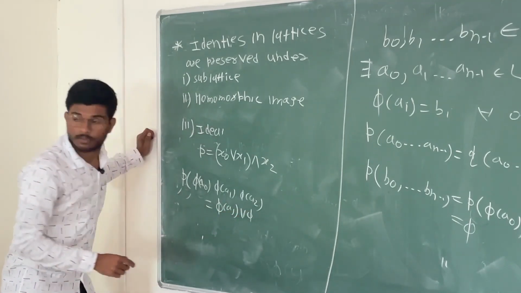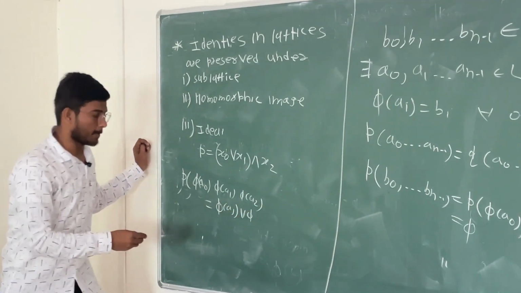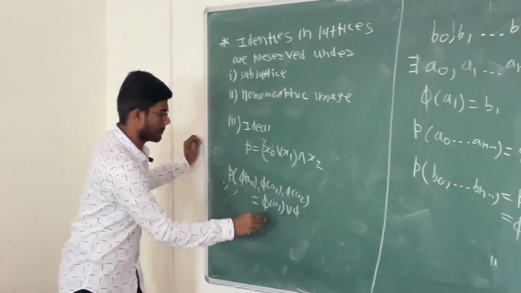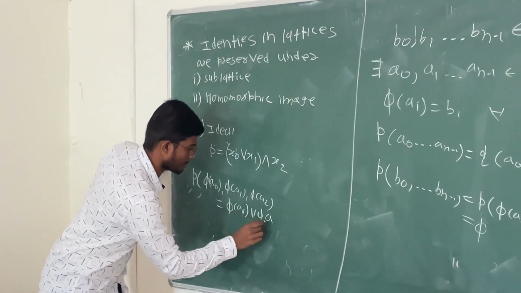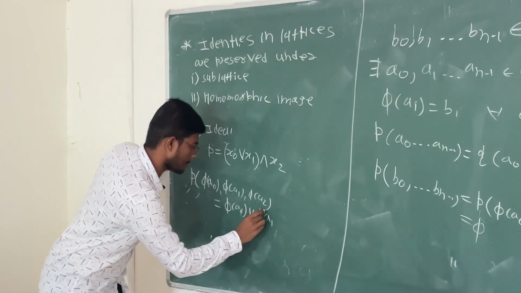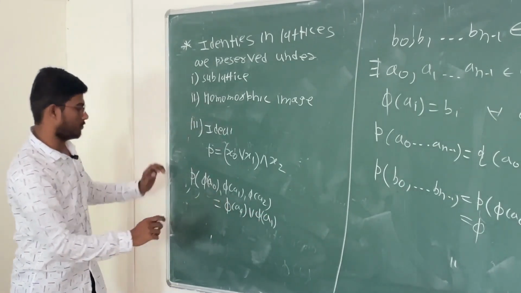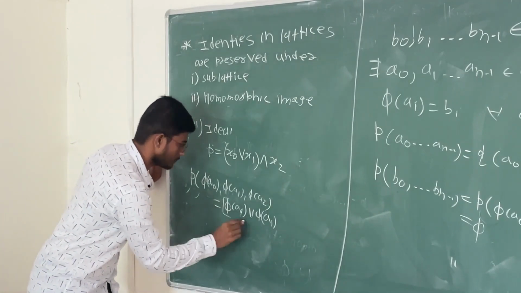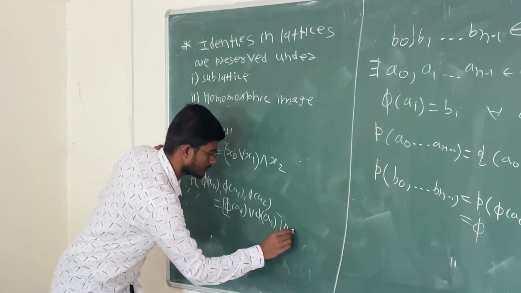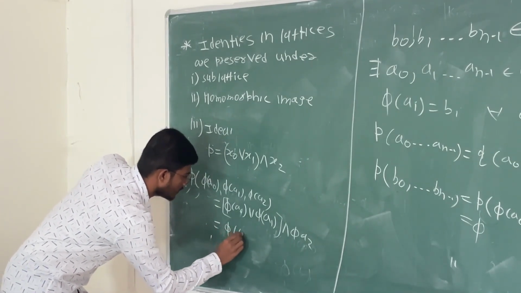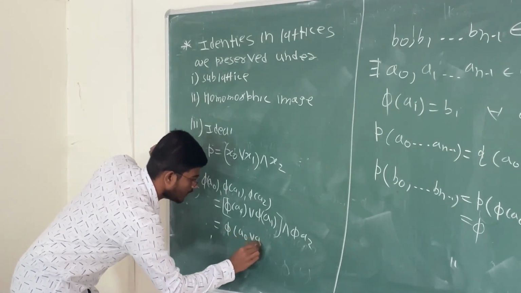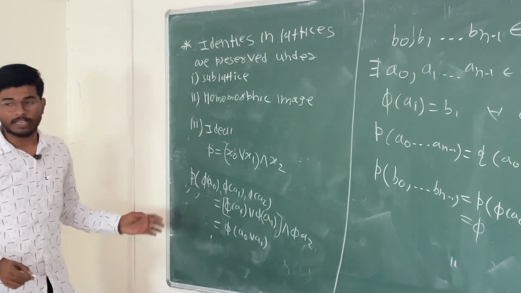Wait, what are you writing? Yeah, you write comma. Phi of A0, comma, phi of A0 join with A1. Why can we write that? Phi is a homomorphism.